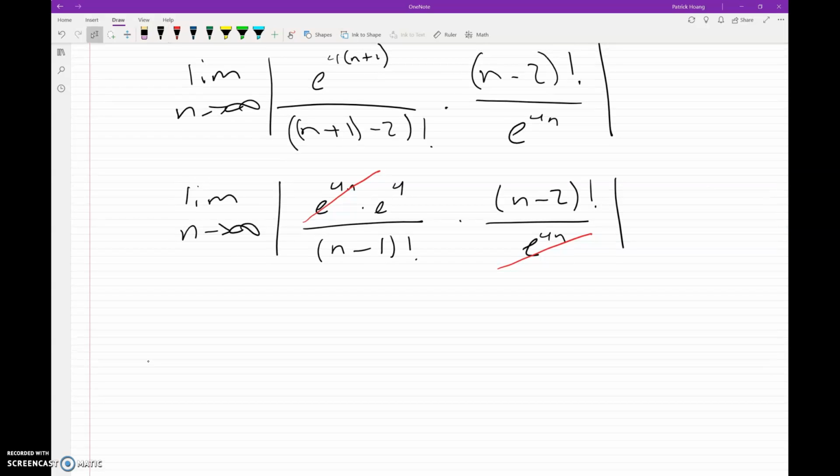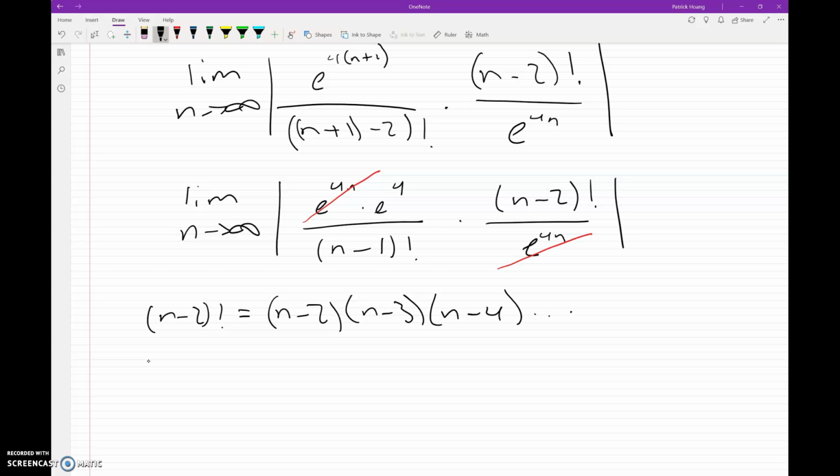So the best way to understand how factorials behave is to write out all the terms. If we wanted to know what n minus 2 factorial was, we would say, okay, this is n minus 2 times n minus 3 times n minus 4 all the way down to 2 times 1. Right? That's how factorials work. 5 factorial is 5 times 4 times 3 times 2 times 1.